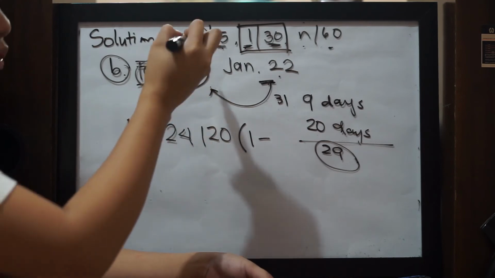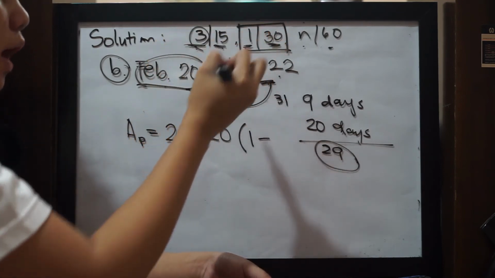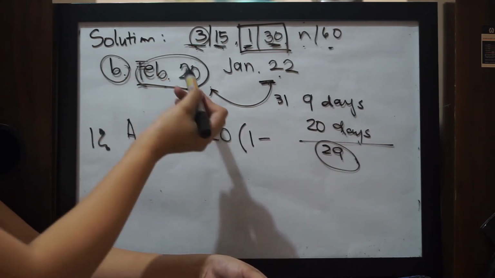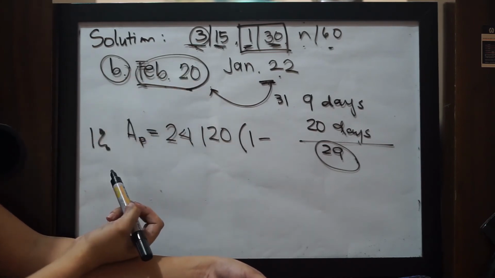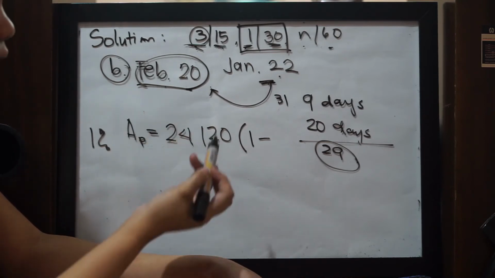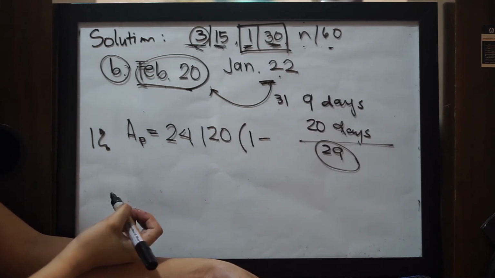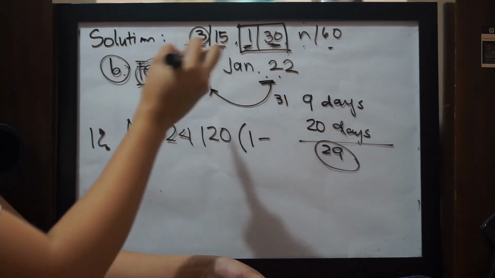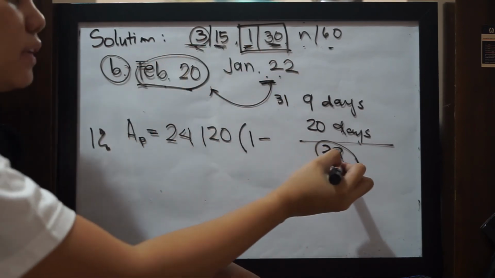So, instead of 3%, we will use a 1% discount rate if you will pay on February 20. Again, why did the discount rate we will use become 1%? Because the days that passed from January 22 to February 20 are 29 days.